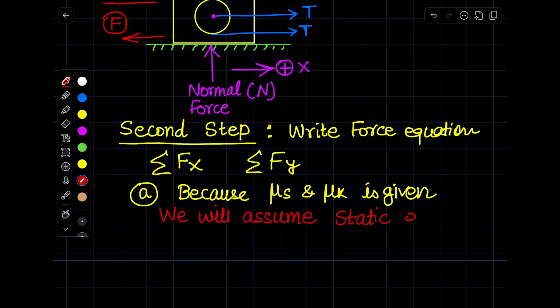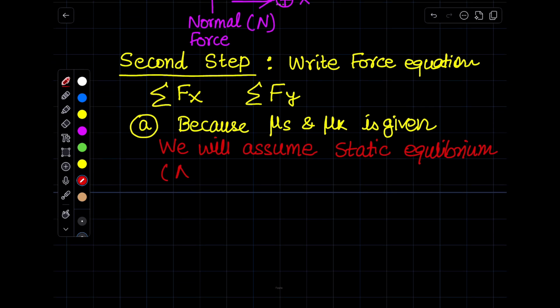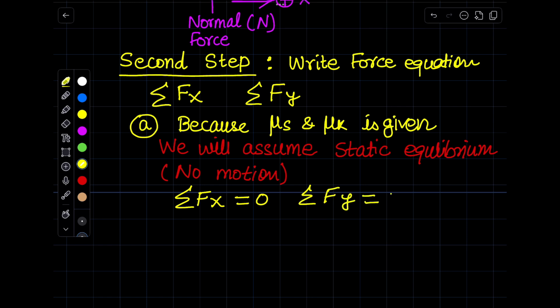It means, in a simple way, that we will assume that this block is not moving, it is just stationary, and all the forces working on it are in balance. Let's go to the free body diagram and see what forces are working in the x direction.